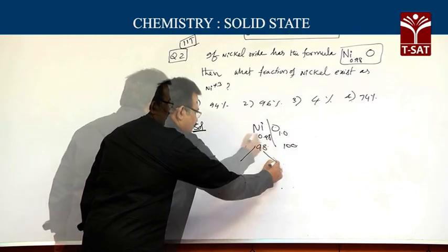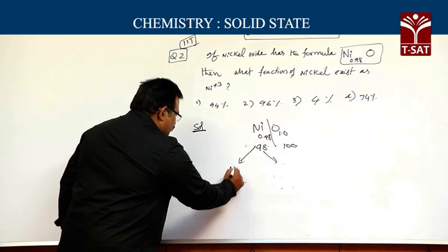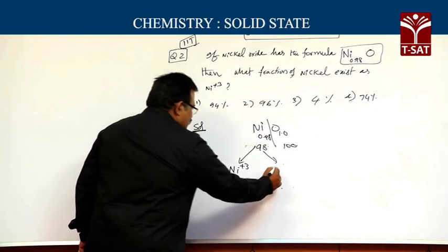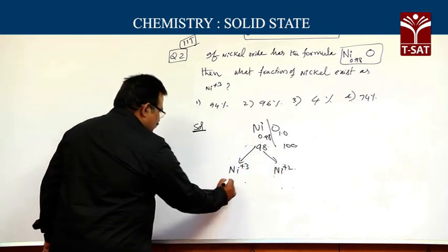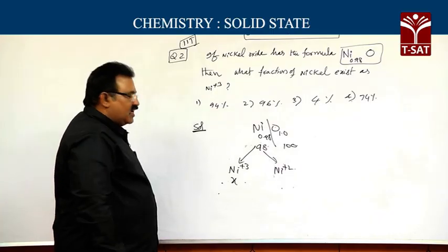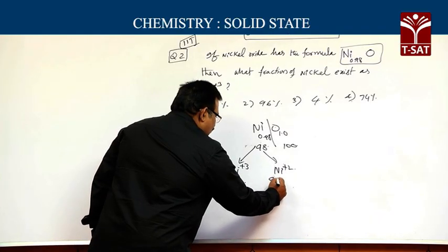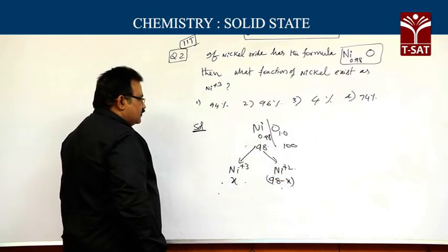The imperfection in this solid is because of the existence of Ni+3 ions in place of Ni+2. Suppose X number of Ni+3 ions are present, then 98 minus X number of Ni+2 ions are present.